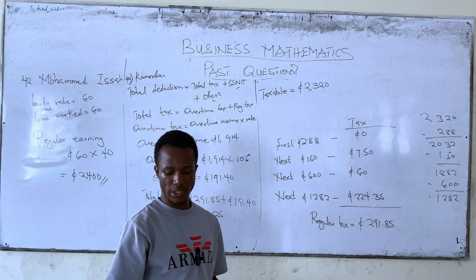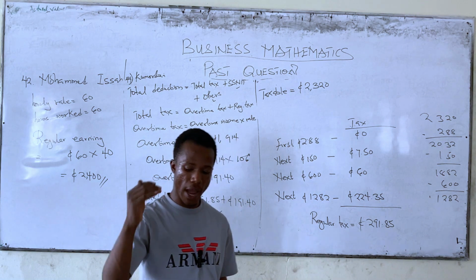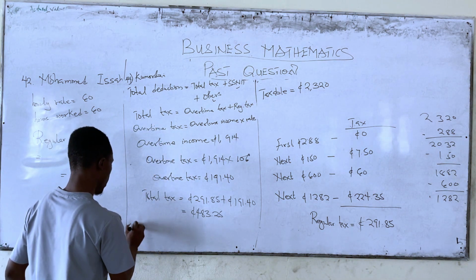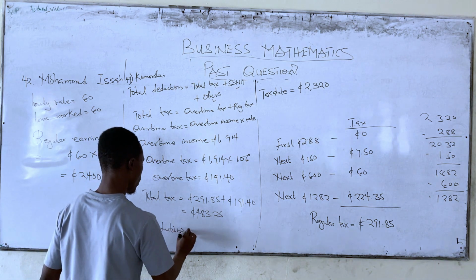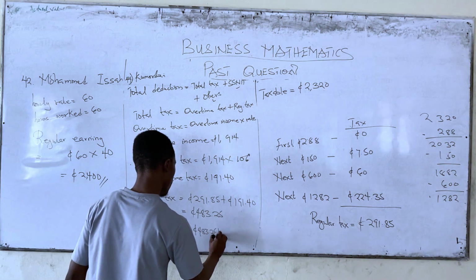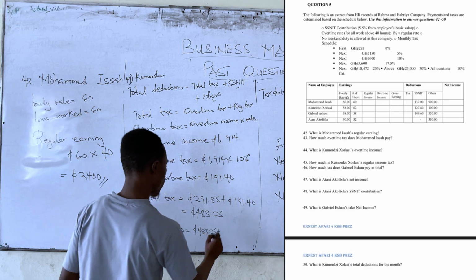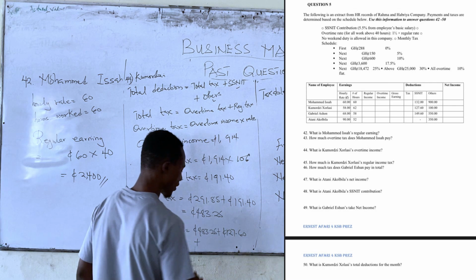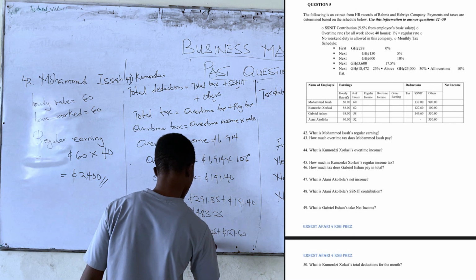So now let's check from the table. Now that we have gotten the total tax, what we are going to do is add the SNIT to the total tax and the others. So for the total deductions, it is going to be the total tax here, 483.25, plus the SNIT allocated to his name, that is 127.60. Then we say plus the SNIT, right, which is 100 from the table.